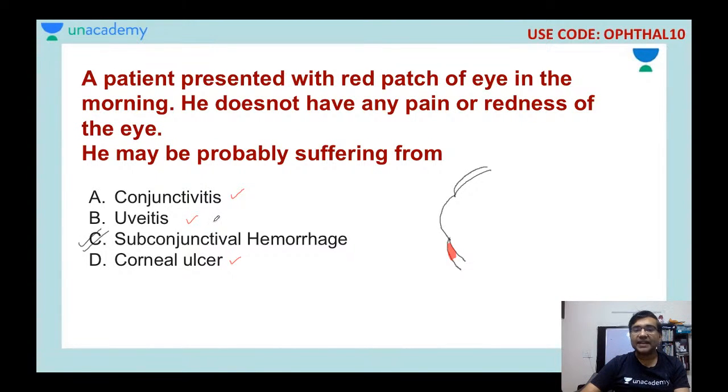So remember, uveitis and corneal ulcer are basically differential diagnosis of redness with pain. Okay, conjunctivitis would have redness with discharge and halos. Okay, subconjunctival hemorrhage would be having only red patch, no pain, no discharge and no redness.